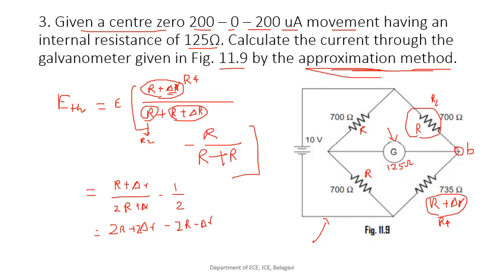What you have to do is cross multiply, like 2 you have to take on this side.